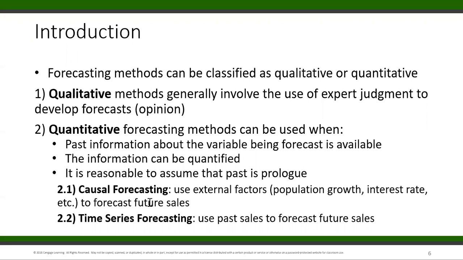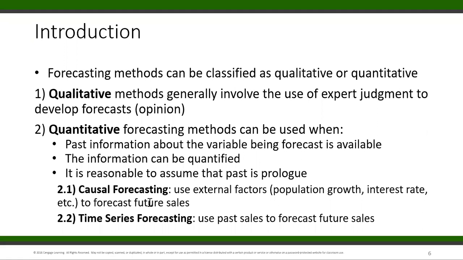So you just go back in time, collect all these data, all this information, and come up with a regression equation that connects the dependent variable to the independent variables that you are considering.